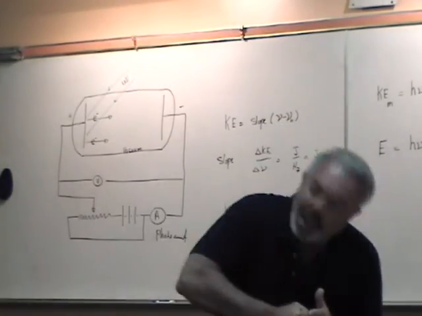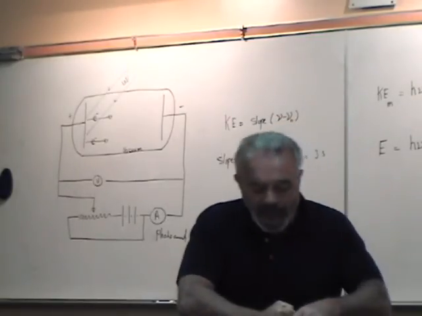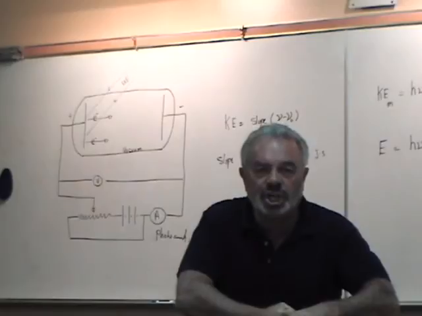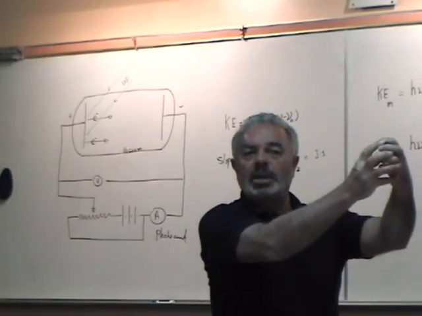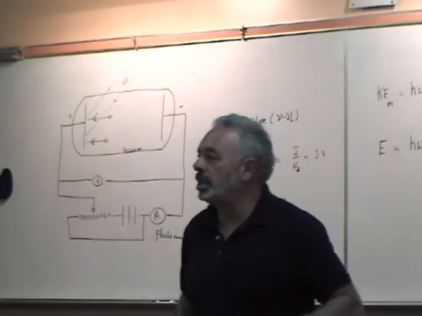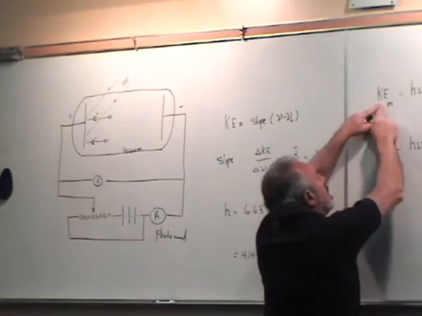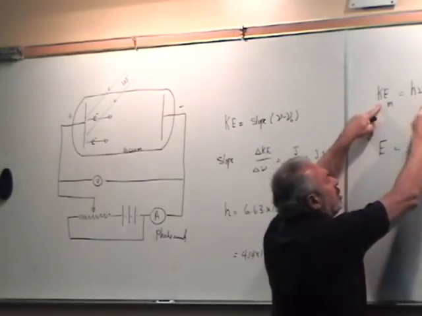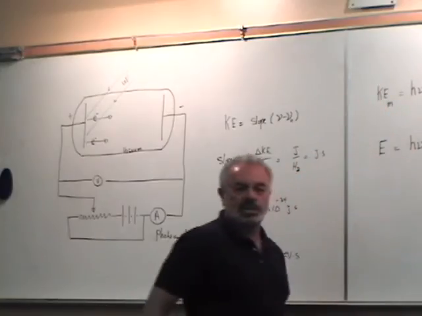You come in and you smack that thing with a billiard ball type collision, and some of this incoming energy is used to liberate the electron, and the rest of it is given as kinetic energy to the electron. So the kinetic energy of the liberated electron is going to equal the total incoming energy minus how much work you have to do to liberate the electron. Whatever's left is the kinetic energy.